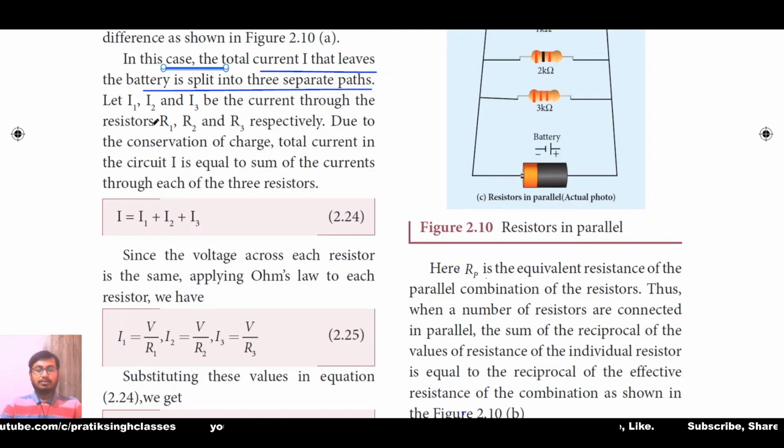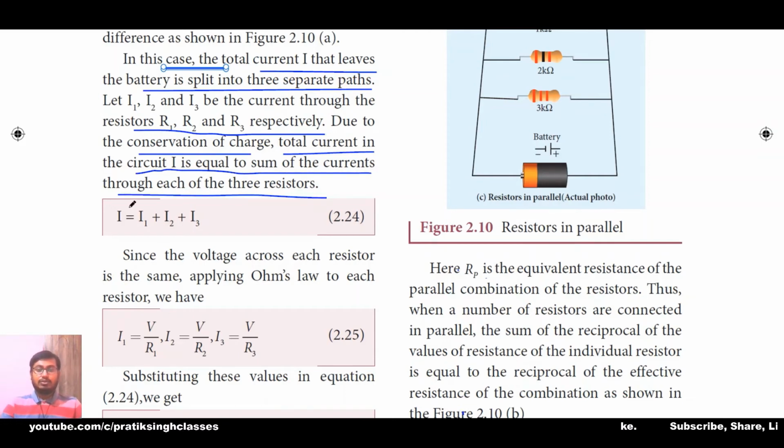Due to the conservation of charge, the total current in the circuit I is equal to the sum of the currents through each of the three resistors. That is, the total current provided by the battery must be equal to the total current flowing through the resistors, okay. That is, I is equal to I1 plus I2 plus I3, okay.